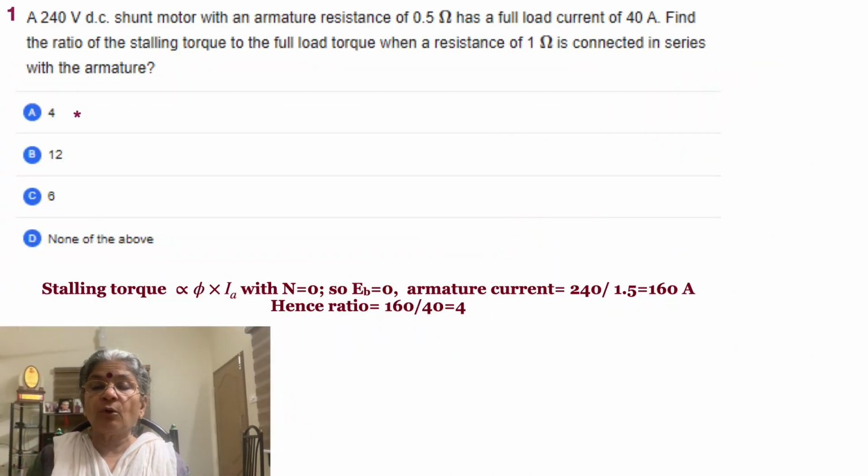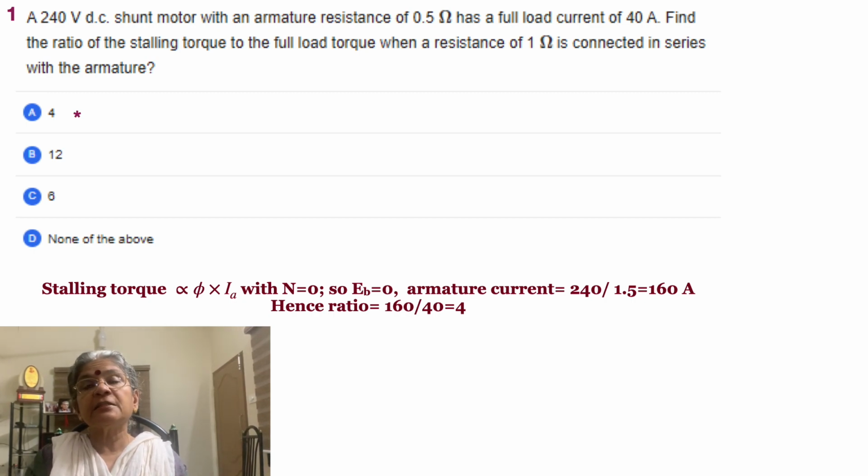So in other words, lots of current is flowing. Why? Because the rotor is locked, the speed is 0, so the back EMF is 0. The entire applied voltage flows through the two resistive components: the armature resistance, and the additional 1 ohm that has been introduced. Okay? So this is the situation.